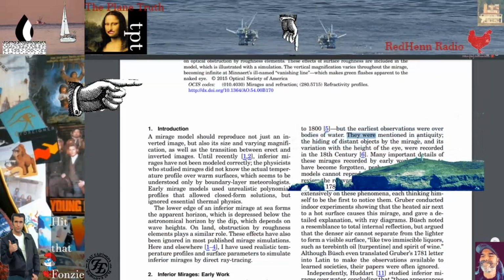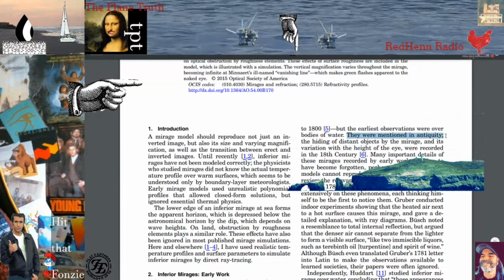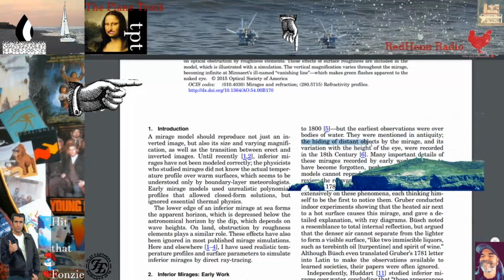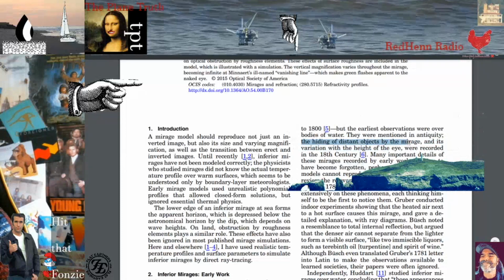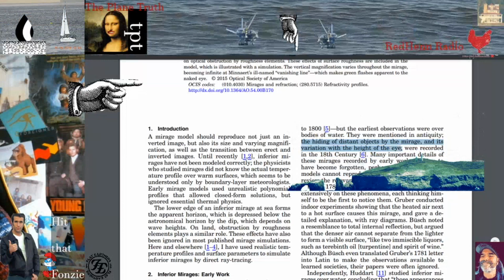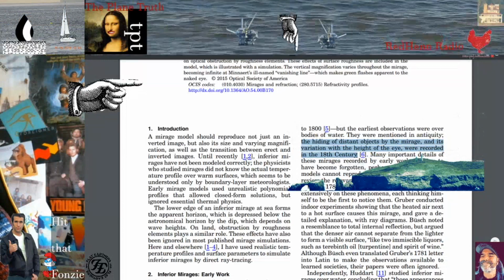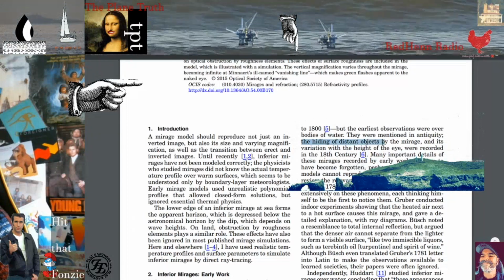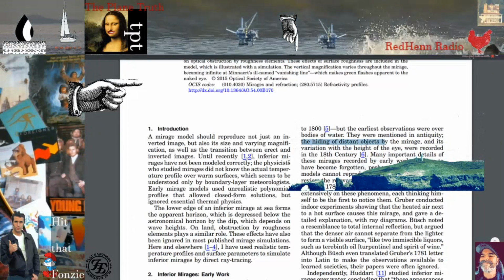They are mentioned in antiquity. The hiding of distant objects by the mirage and its variation with the height of the eye were recorded in the 18th century. Right here, the hiding of distant objects.